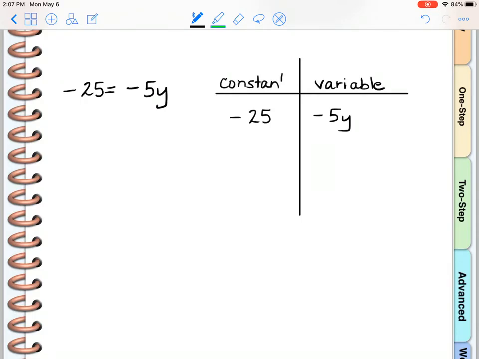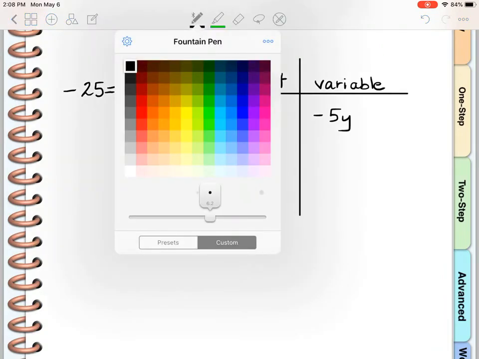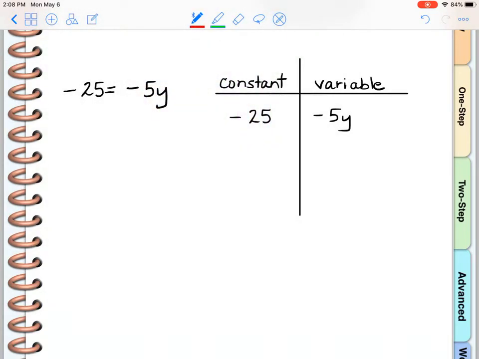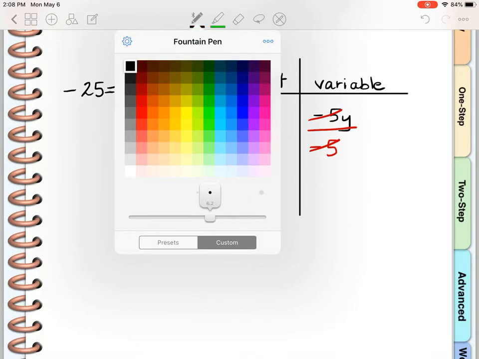So I need to move that negative 5 over to the constant team. And we do that with division. And make sure that you take the negative sign too. All you want to leave over here is the y. Take everything but the y.